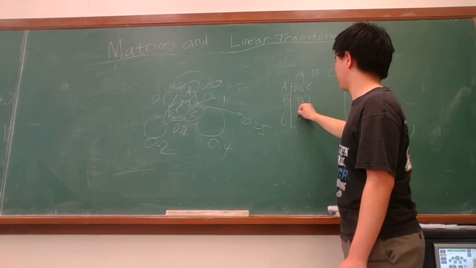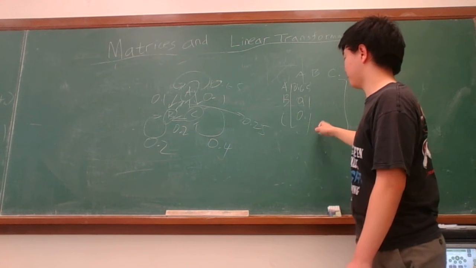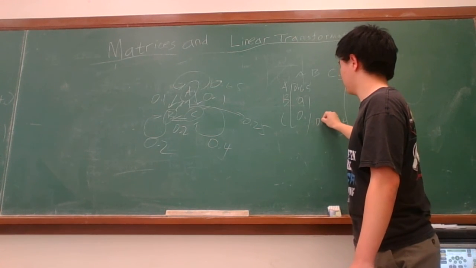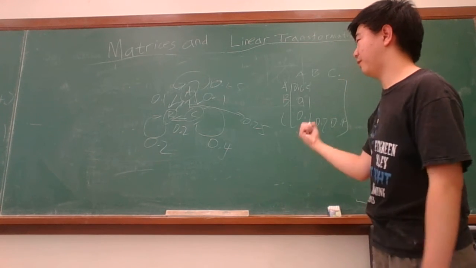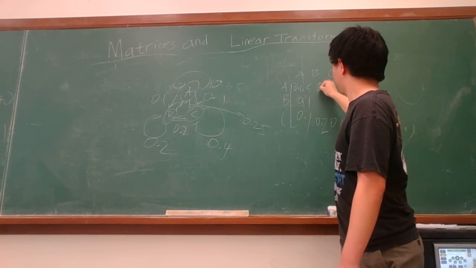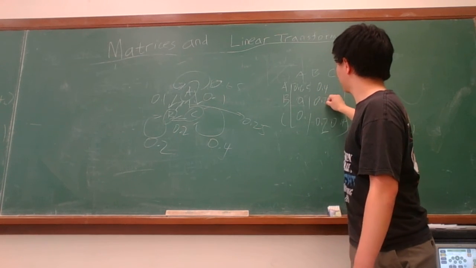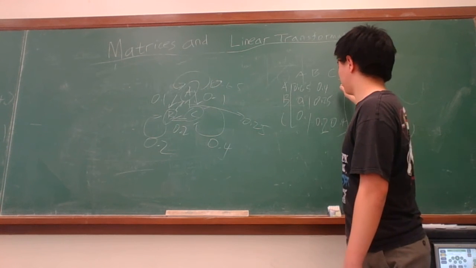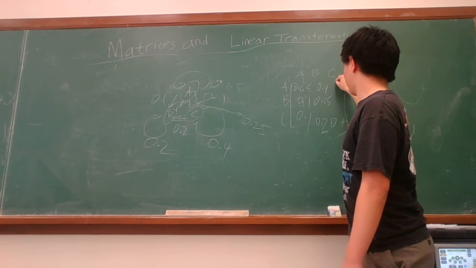From A to C is 0.1. From C to C is 0.4. From B to B is 0.2. I haven't said B to A, I'll just say right now it's like 0.4 and 0.25. And C to A is 0.25.